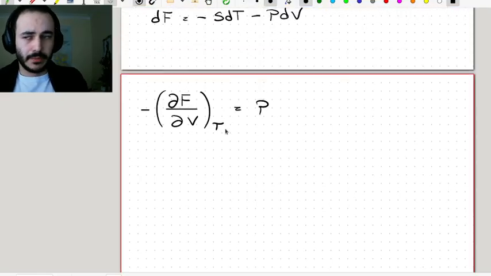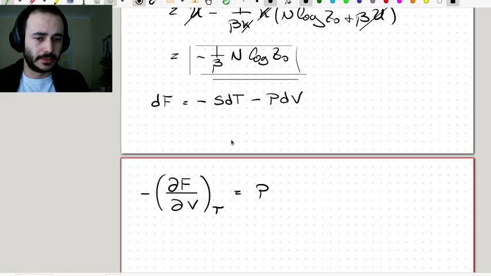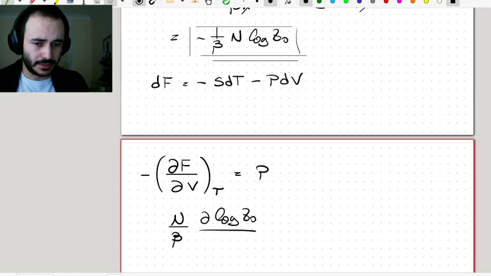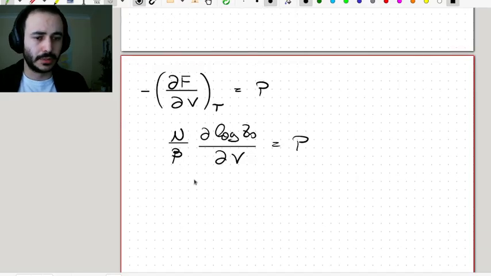But we have written already what the free energy is in terms of the partition function. So we just have to take the partial derivative of that guy with respect to the volume. So what is this? Well, this is n divided by beta, partial derivative of the logarithm of z0 with respect to the volume. So that thing gives me the pressure. Just simple like that.